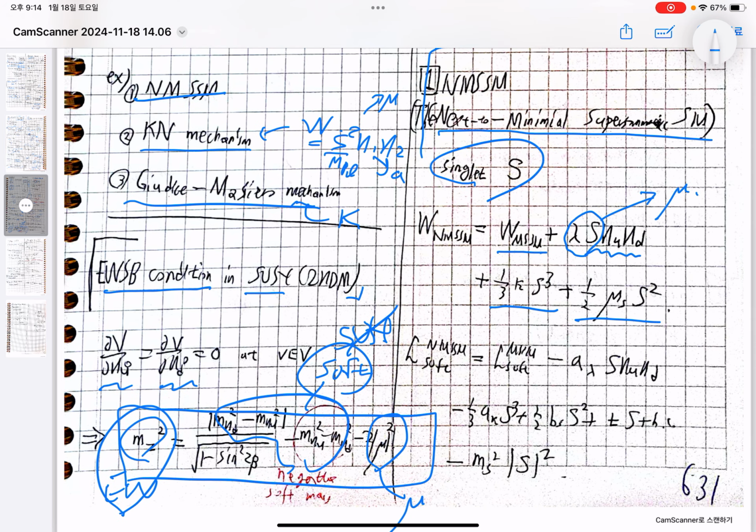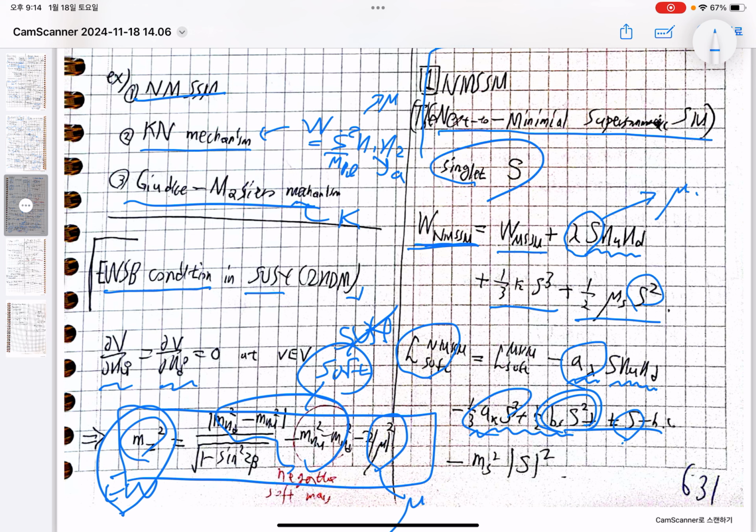This is a supersymmetry conserving superpotential term, and for the soft mass there will be additional terms: S H_u H_d, which is the A term, a trilinear term, and the S trilinear, bilinear, and the tadpole terms.